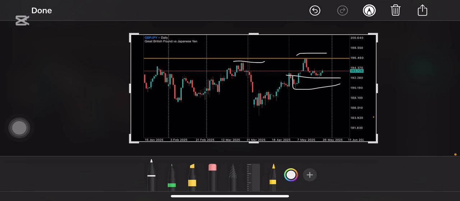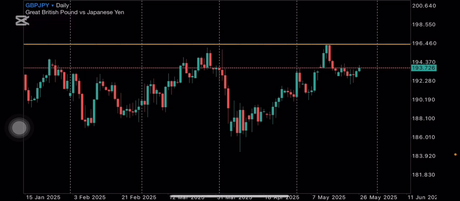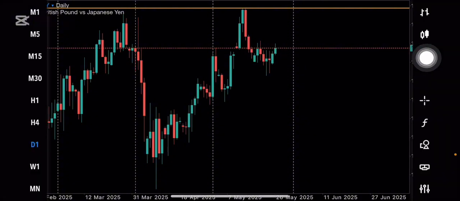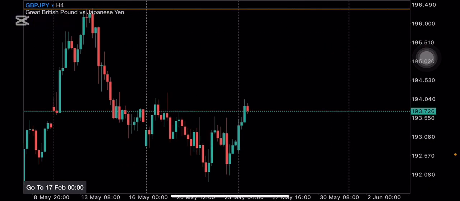So this was another block which price tapped into before it started turning. It's going to push up here. On our daily time frame, it is obvious that we are bullish. We have this bullish candle appearing right now, so it is obvious that we are bullish.